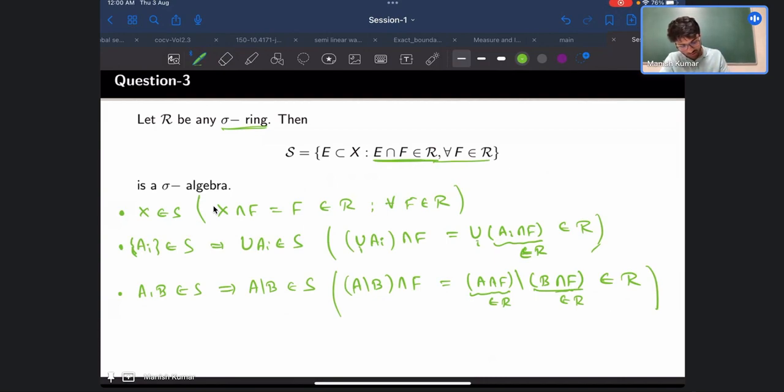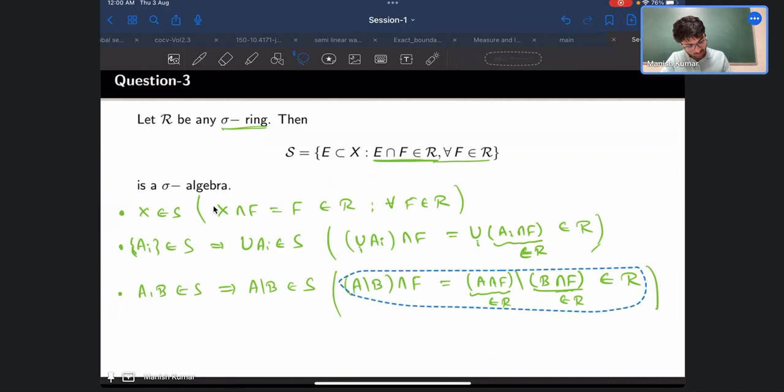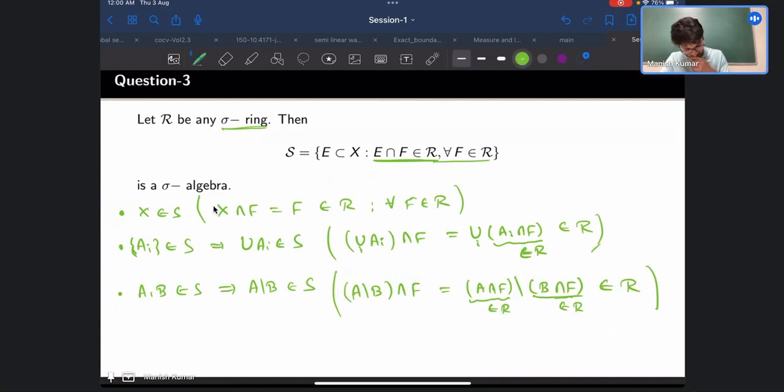For checking sigma algebra, sigma ring, algebra, ring, it's very easy. You just have to check it manually, by seeing what the possibilities could be. So this is also quite easy.